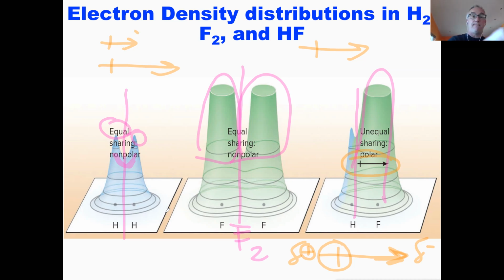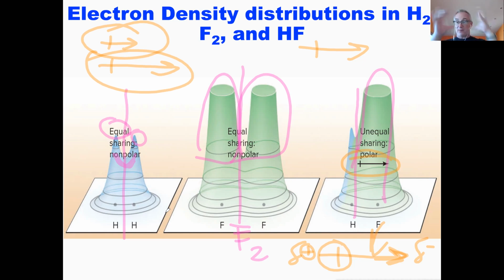Now, these are bond dipoles. This is a bond dipole. This tells us whether this bond is polar. We'll learn that once we draw our diagram of the whole molecule, and we draw dipoles for all the bonds, then we're going to add them together and see which direction they point in to determine whether or not the whole molecule is polar.